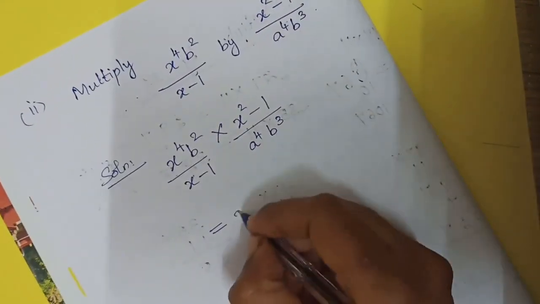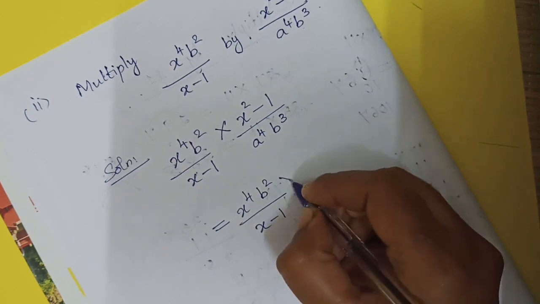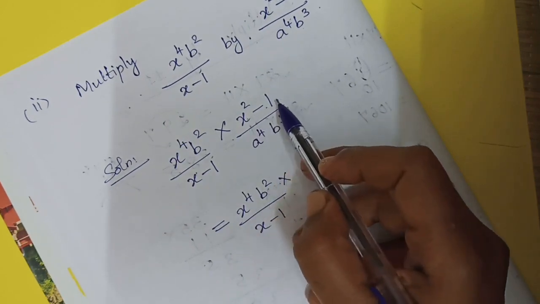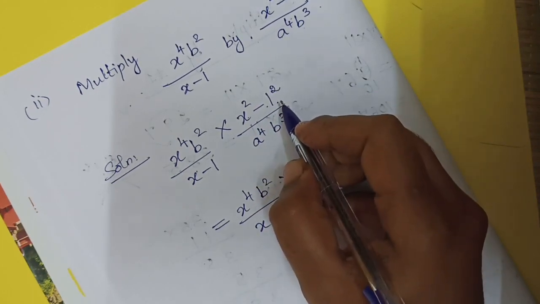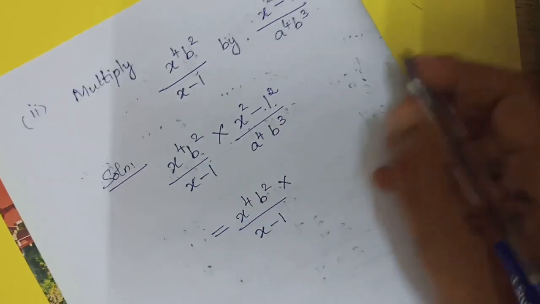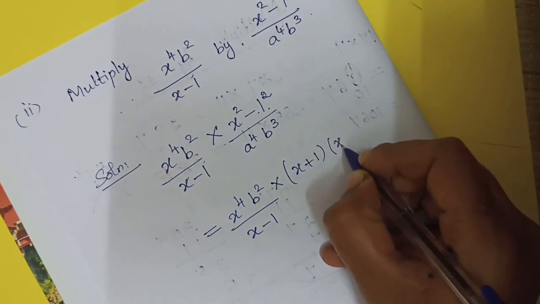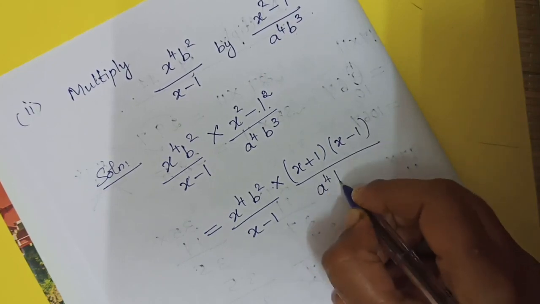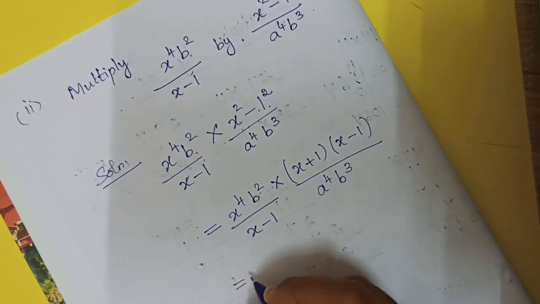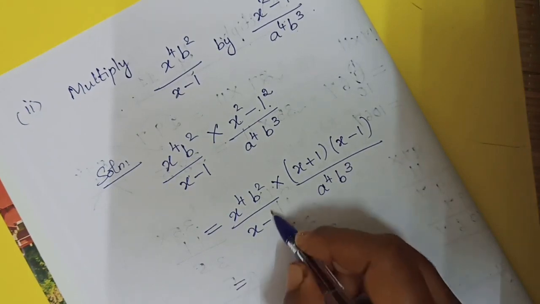The next line: x power 4 b square by x minus 1, here into x square minus 1. Shall we write 1 as 1 square? Yes. So which formula do we need to use? a square minus b square. That means x plus 1 into x minus 1, divided by a power 4 b cube. Got it? So next we move to cancellation.